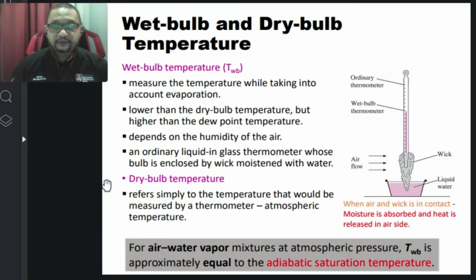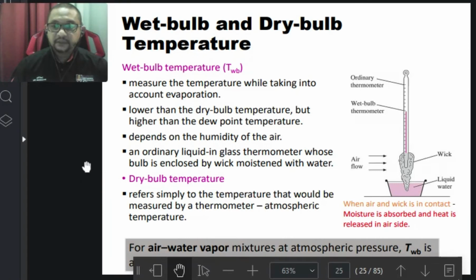For an air water vapor mixture at atmospheric pressure, the wet bulb temperature is approximately equal to the adiabatic saturation temperature. That is the difference between the wet bulb temperature and the dry bulb temperature.